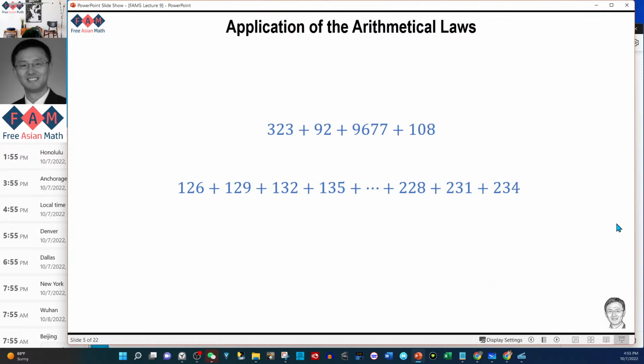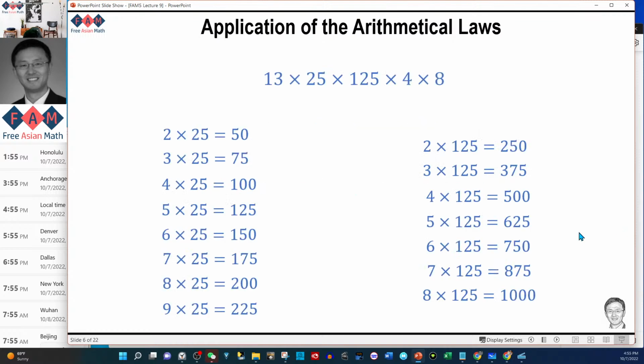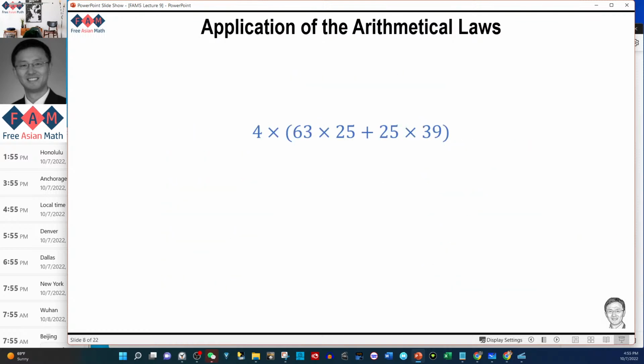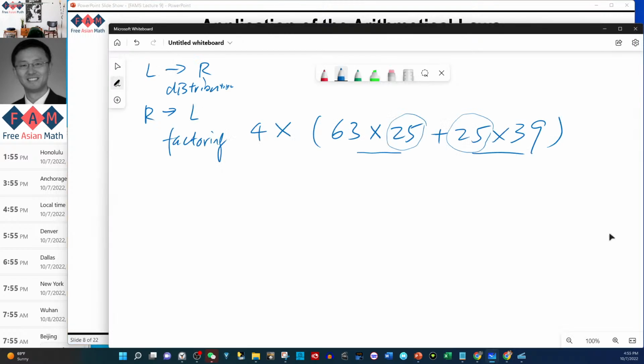Now, back to our problem here. How do we do this problem? Well, we can see that because we have 25, it's a common factor. So we can put 25 out, then times 63 plus 39. Okay.